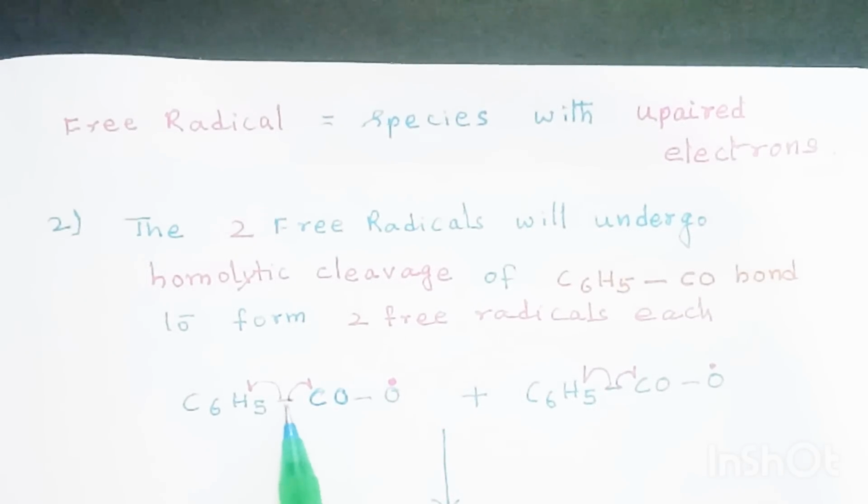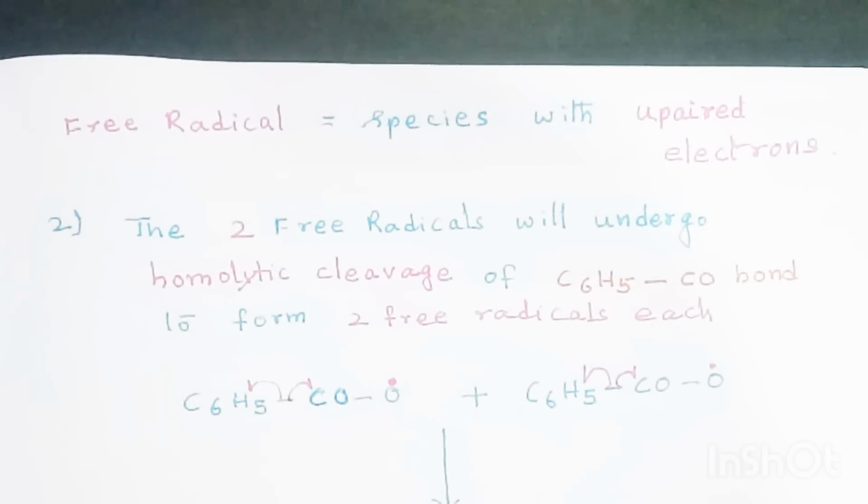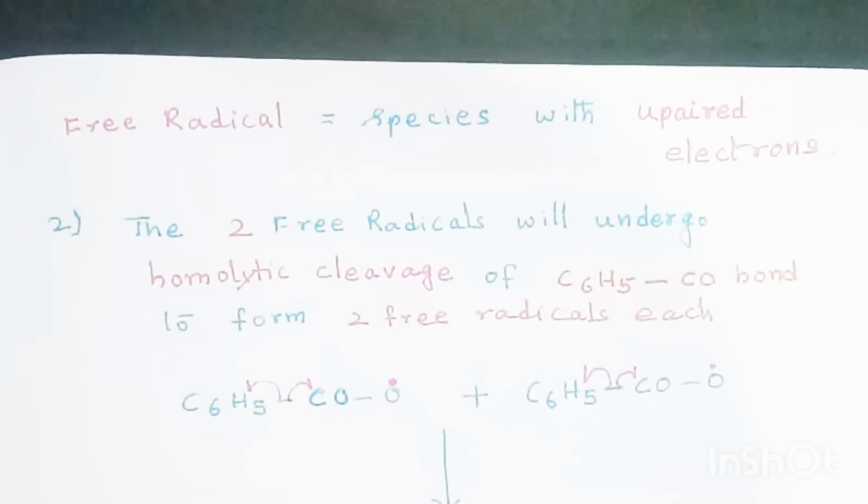This bond between C6H5 cleaves and we get C6H5 radical, C radical O and O radical. And similarly here also this radical also splits, C6H5 radical, C radical O radical.